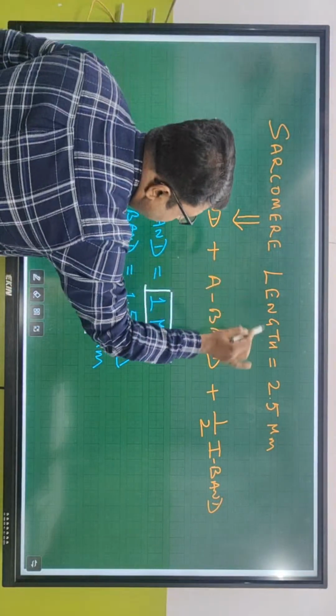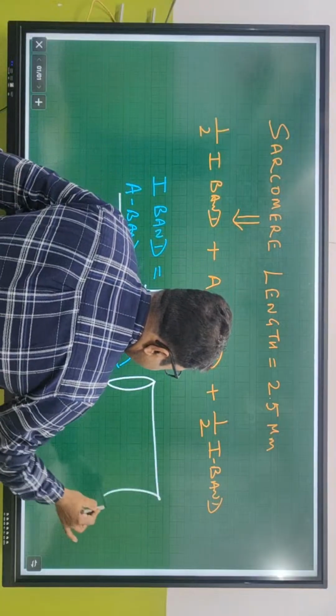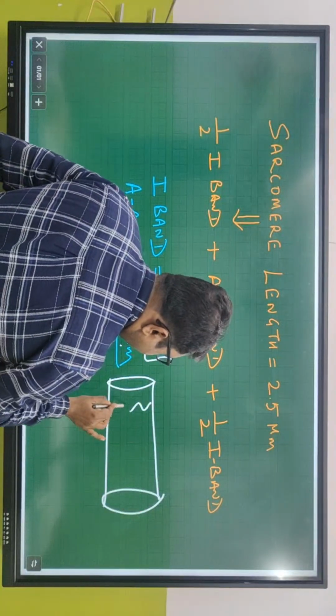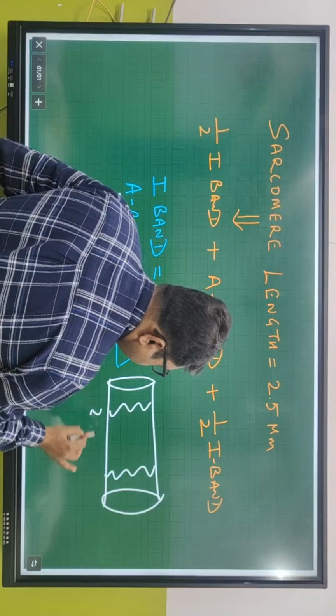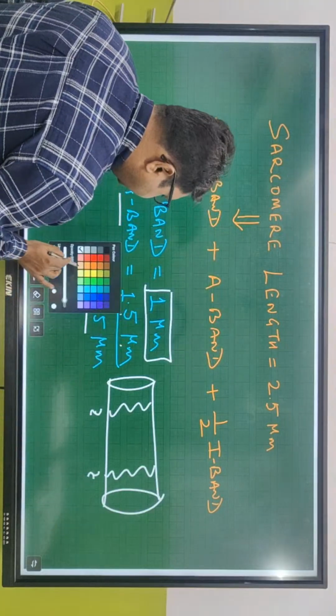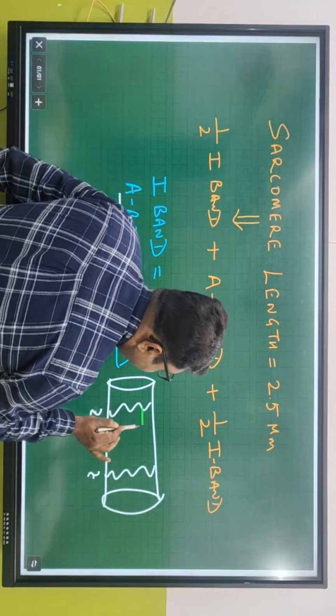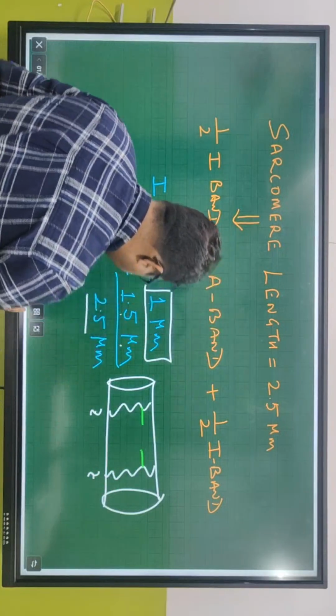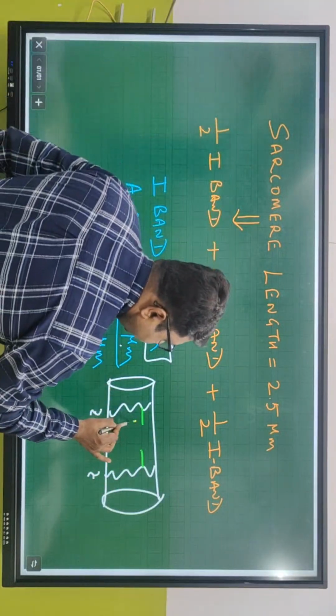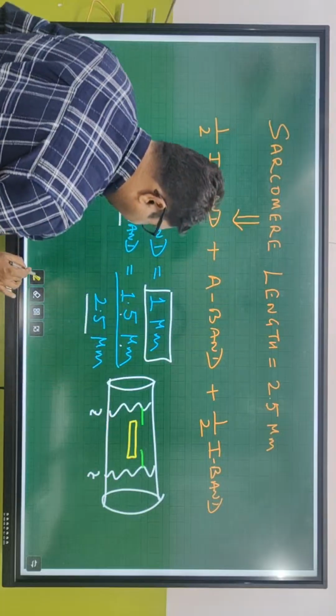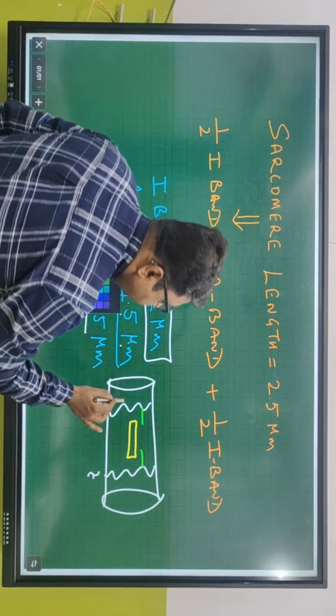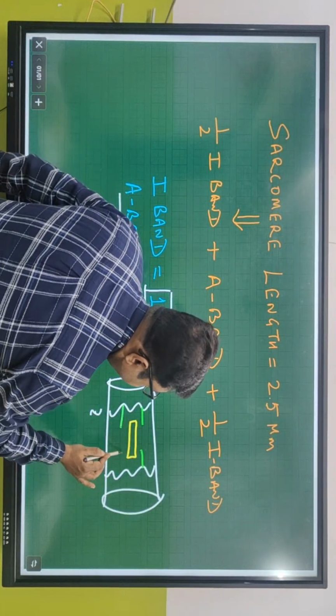That means the sarcomere length is the gap between two Z lines. Within this sarcomere, there is half of the I band, the full A band, and half of the I band.